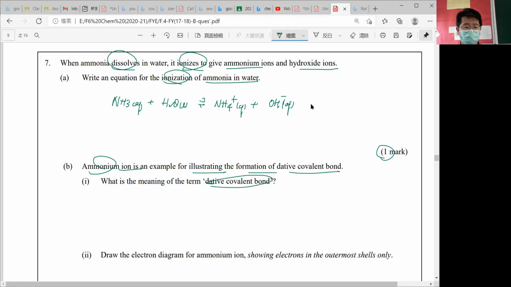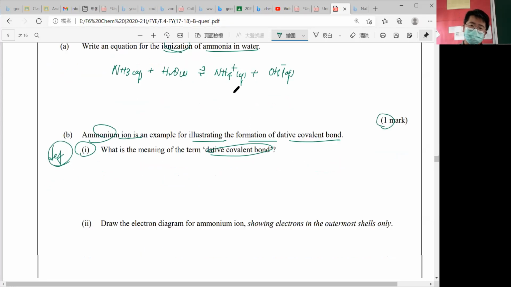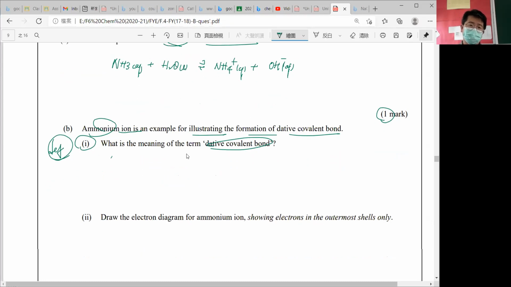What's the meaning of a dative covalent bond? It's a popular definition that you need to memorize. What is that? It is a type of covalent bond in which both electrons come from the same atom. Yeah, good. So we have got a covalent bond, but a very special type.